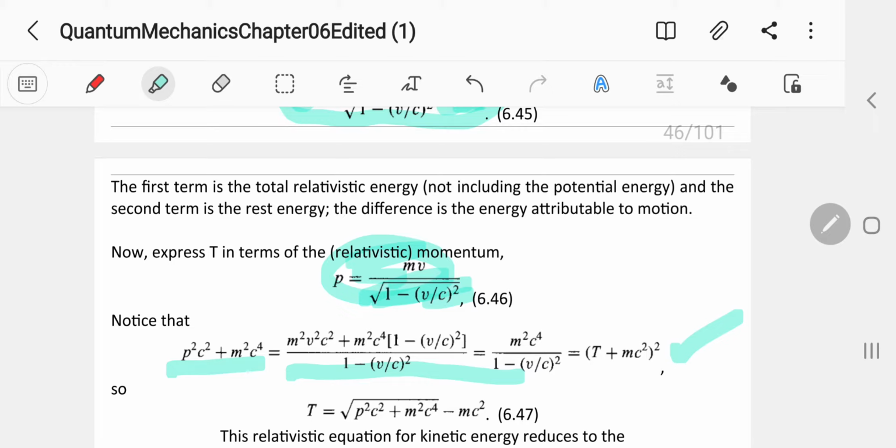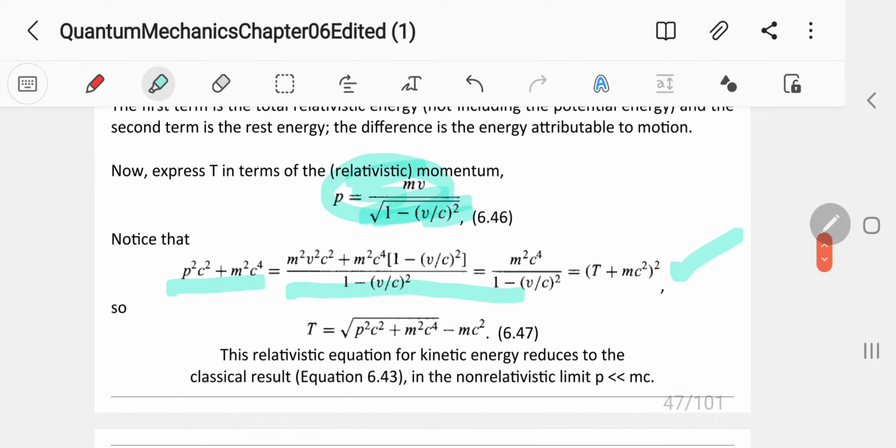That's just the kinetic energy plus mc squared, the whole thing squared, and we just have this one here as the kinetic energy. That is the relativistic equation for the kinetic energy, which could reduce to the classical one in the non-relativistic limit.